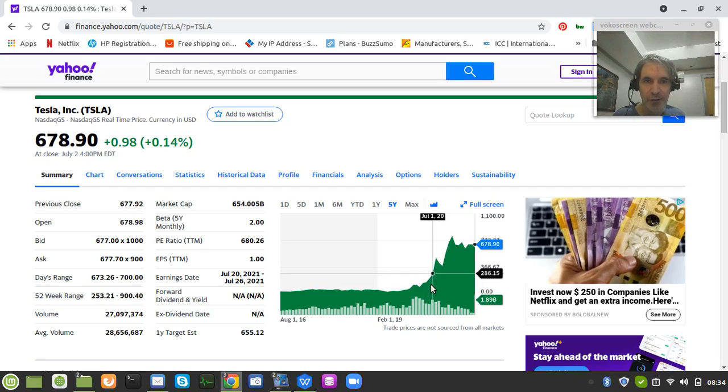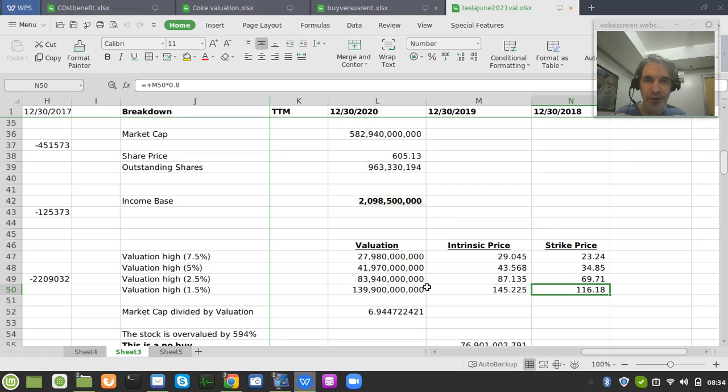And then it's just jumped up. But you can see about just over a year ago, it had a value of about 150 or so. And if you look at my valuation, it's about 150. So this also goes to show that there is some logic in those numbers.